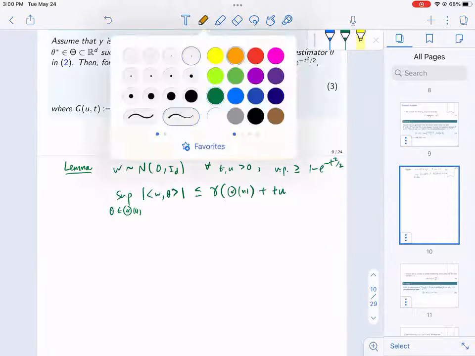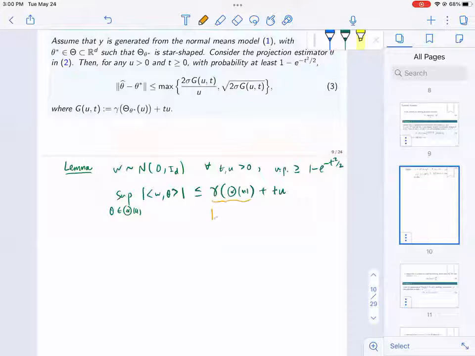This quantity is just the expectation of the left-hand side, the Gaussian complexity. Okay, this is one lemma. Think about why this lemma is true.